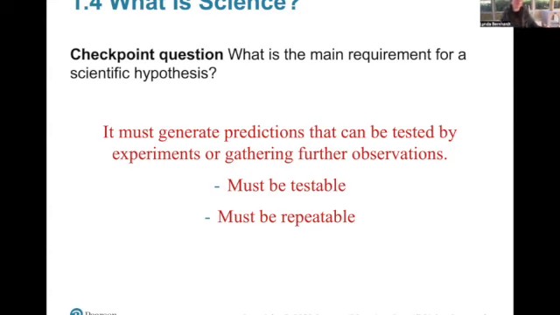So let's go back to the light bulb example. Change the light bulb. That's a test. If you constantly change the light bulb, that's repeatable.